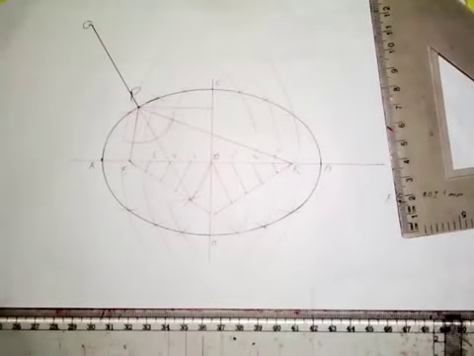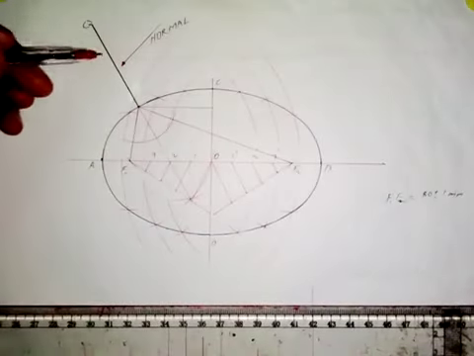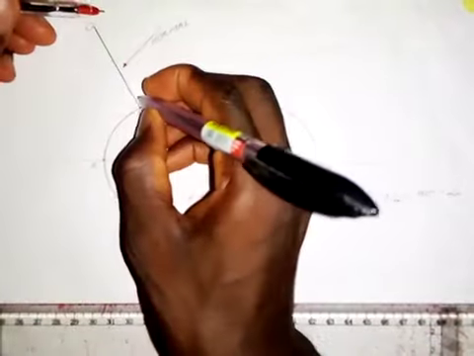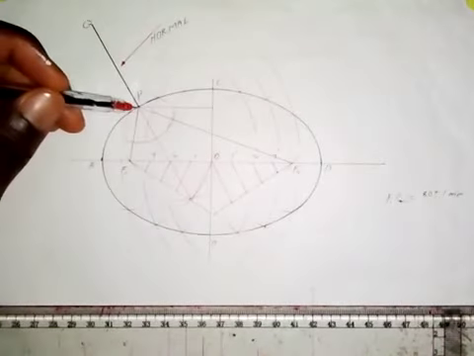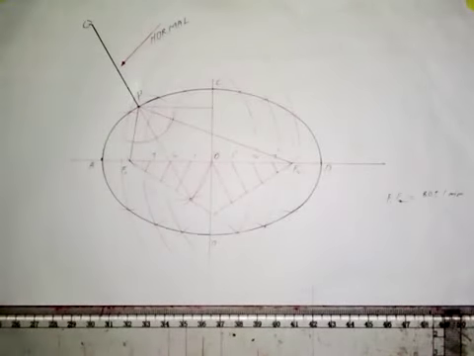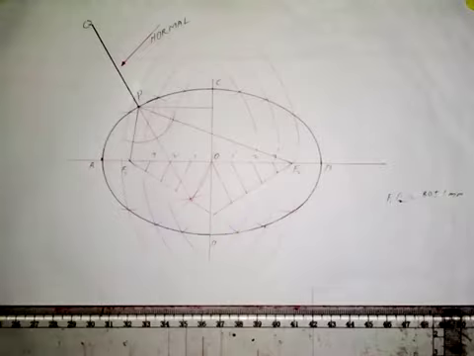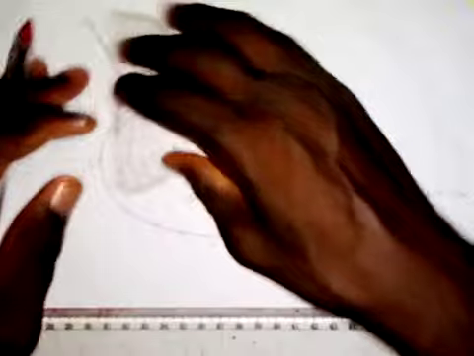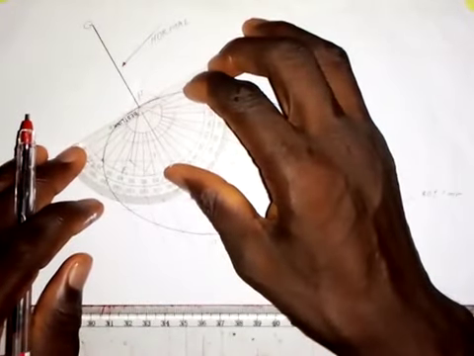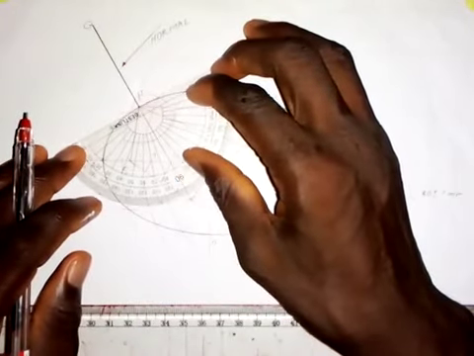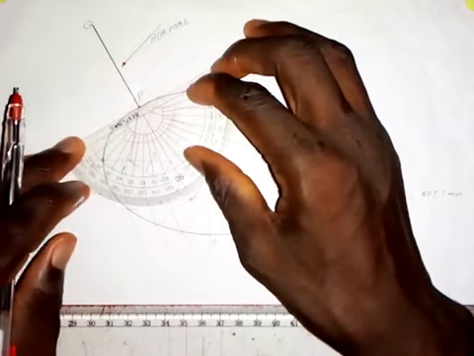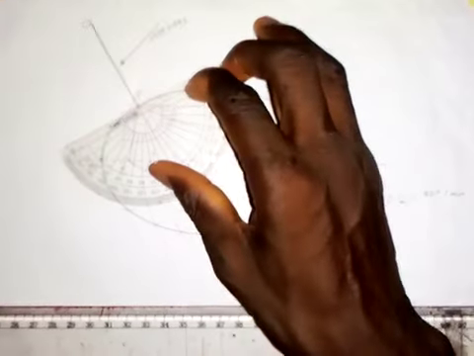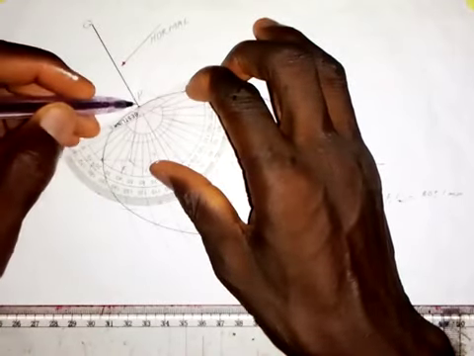I need to write that P. So this is point P. This line we have drawn, line PQ, is a normal. So we need to draw the tangent, and I need to make use of my protractor. I'll set my protractor at this point on the curve, making sure the 90-degree line is on the line we drew out here, and that I can see the point.